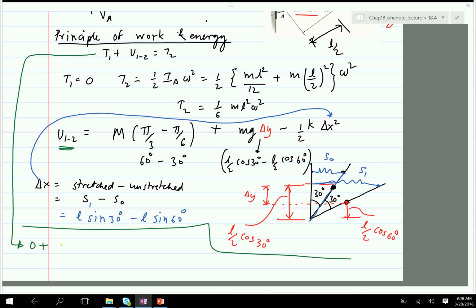It's 19.81 equals 0.9375 omega square. If you solve for omega, you get 4.59 radians per second. So that is my final answer.